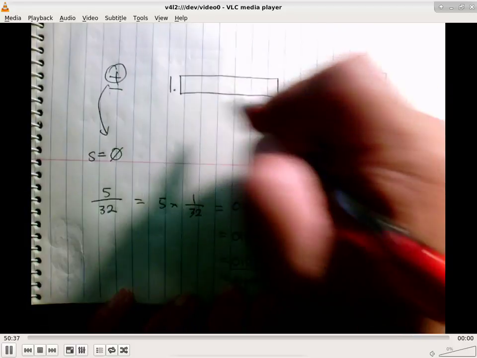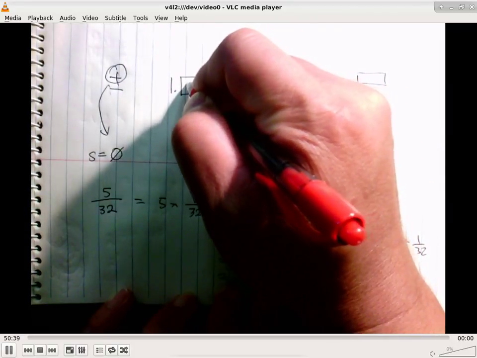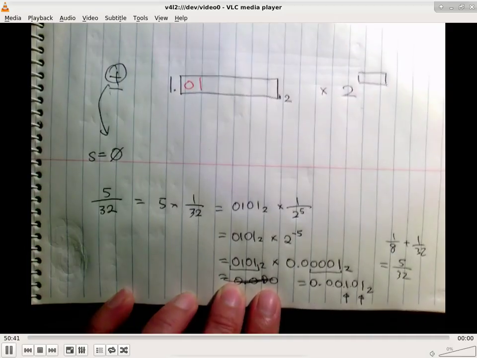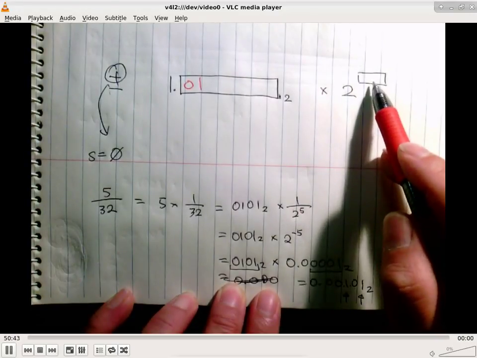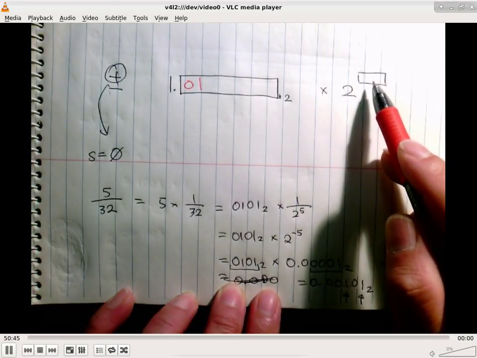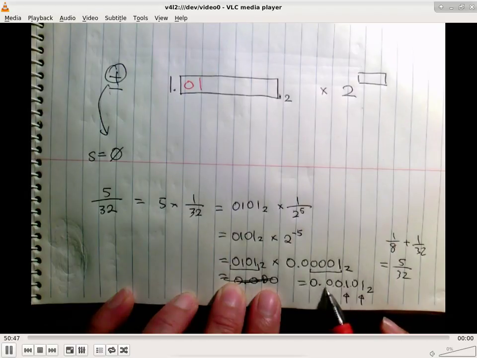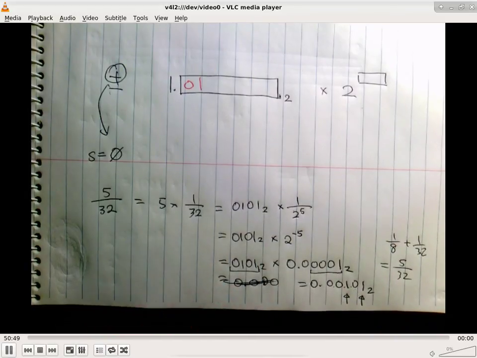So that means this is 1.01, right? The default power exponent of 2 was 0, but now I need to adjust for this shifting. Every time I shift the binary point, I have to remember to adjust something in the exponent so that they still represent the same value.